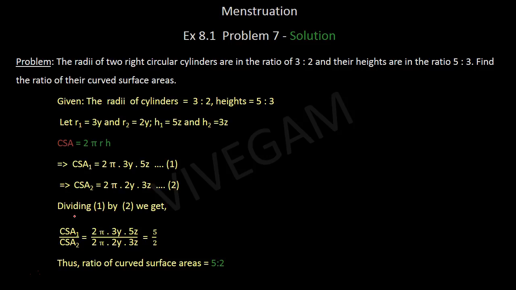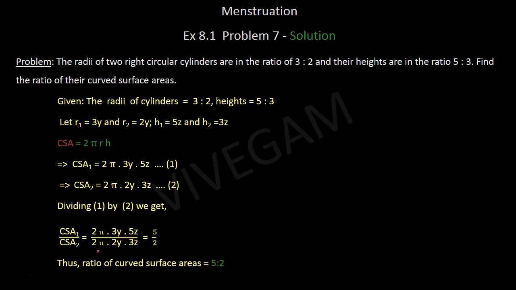Now all you need to do is divide equation 1 by equation 2. So CSA1 divided by CSA2 equals 2 pi into 3y into 5z divided by 2 pi into 2y into 3z.